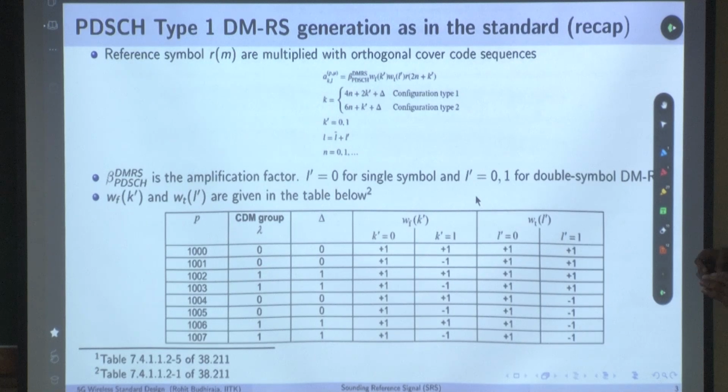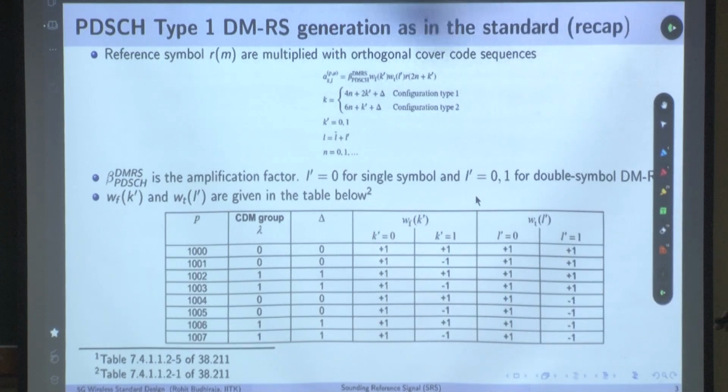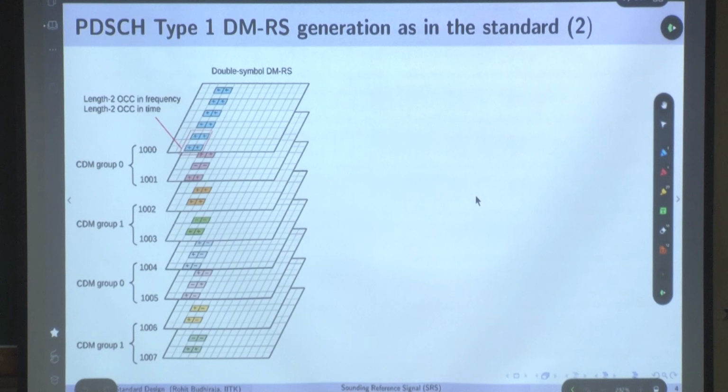If you go to type 2, there should be 3 different CDM groups, so this table is limited to type 1. The formula is applicable for both type 1 and type 2. This WF and WT coming over here, F is frequency, the other one is time. We will see how this is used.